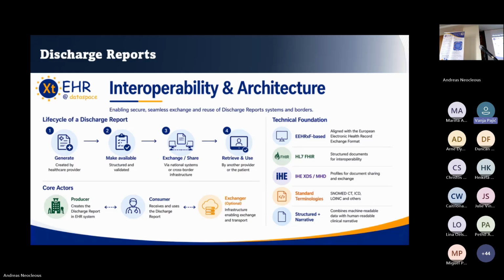Having said that, one of the things that we started off doing when we began with the task, with the drafting of the deliverable, and actually began with trying to map out the data model for the discharge report, was to go with a full detailed approach, meaning that we wanted to capture everything that would go on with the patient in the course of, say, hospital treatment or any kind of treatment that ends up with a discharge report.